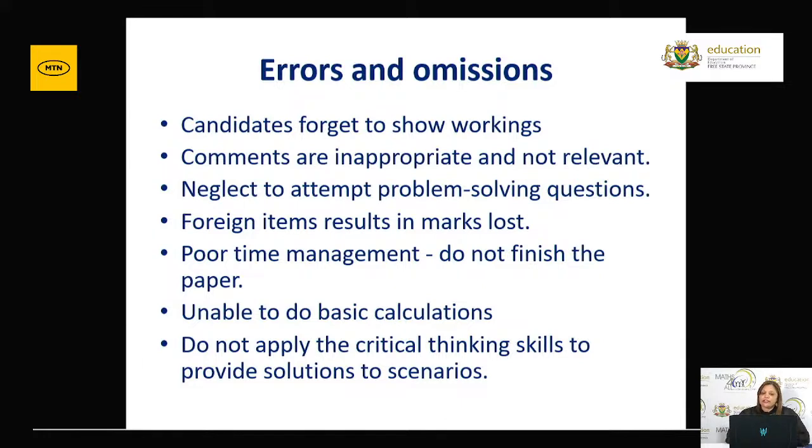Sometimes you neglect to attempt problem-solving questions. We talked about that, right? Forgetting items results in marks lost. I talked about the formats, and I said to you, you need to study your formats, right? If I need the production cost statement, I know the format of my production cost statement. I know the format of my abridged income statement.